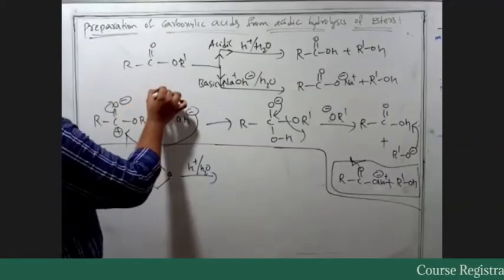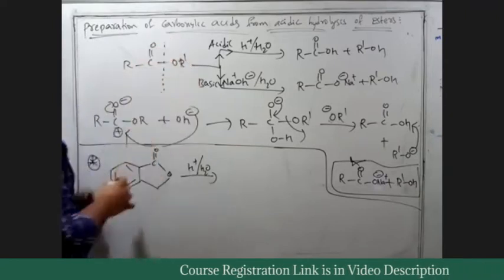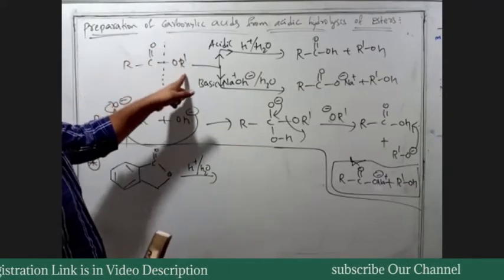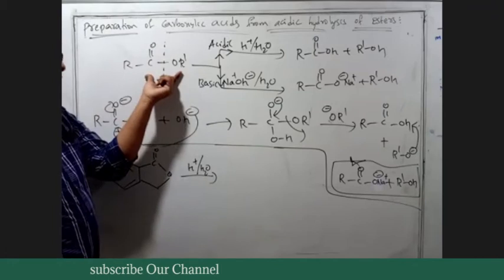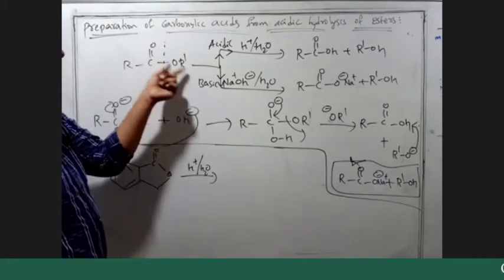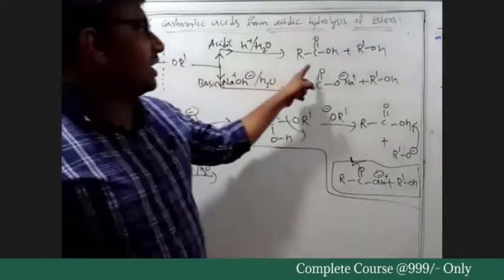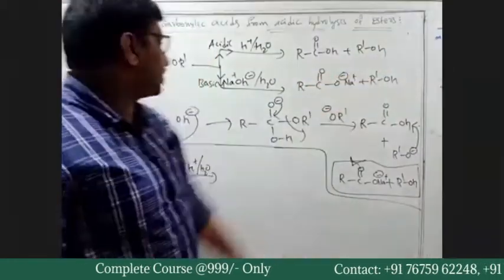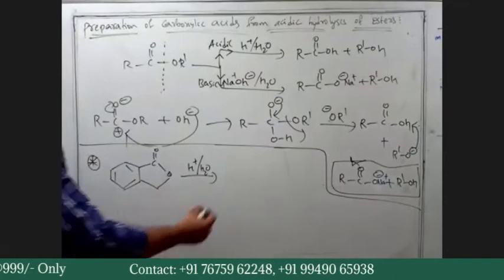If you look at RC double bond O-R', what happens exactly? Is this C-O bond breaking or not? The bond between the carbonyl carbon and the OR group is breaking, and we are adding OH and R'OH. That's all, so the product will be simple.